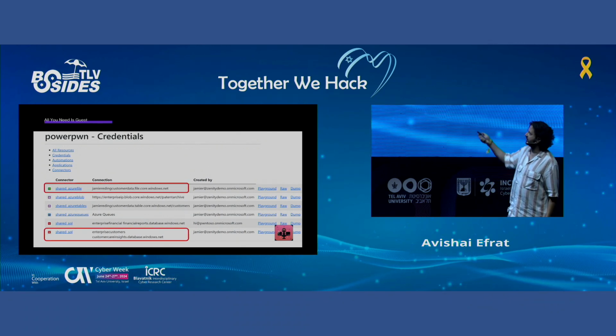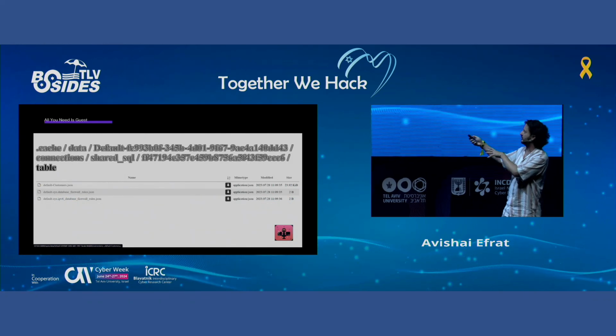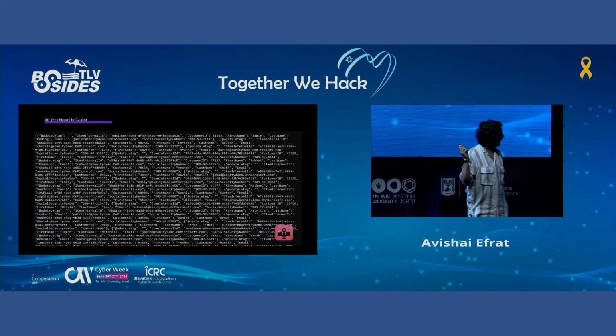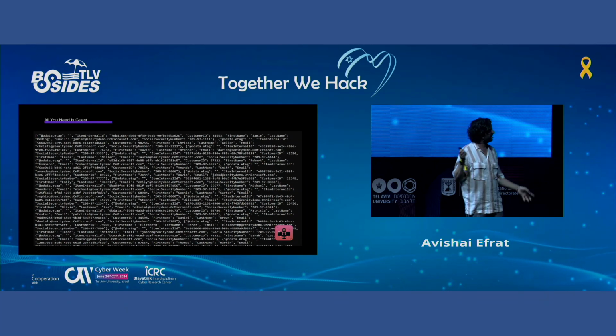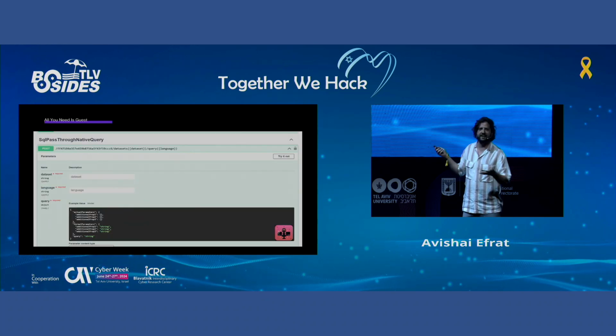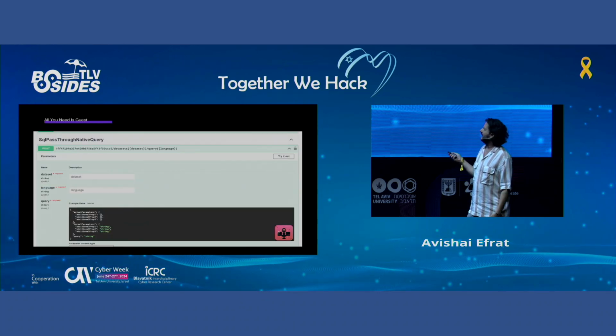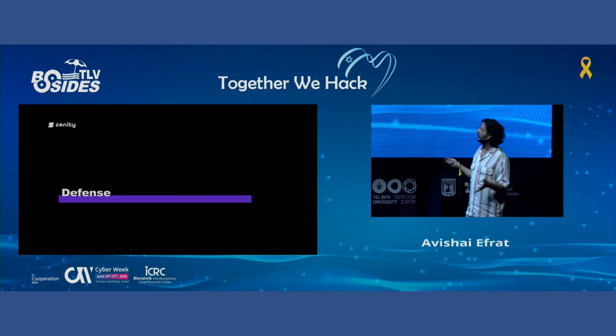We can see some of the connections we saw earlier as a hacker. If we press on dump, we can actually see those data sources, okay? And we have all the information that we saw. And then if we press on Playground, we can just send arbitrary queries, and we can basically do anything for those connections. So I really recommend you look at it.